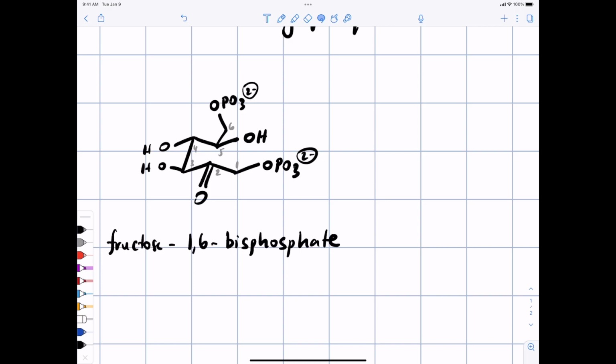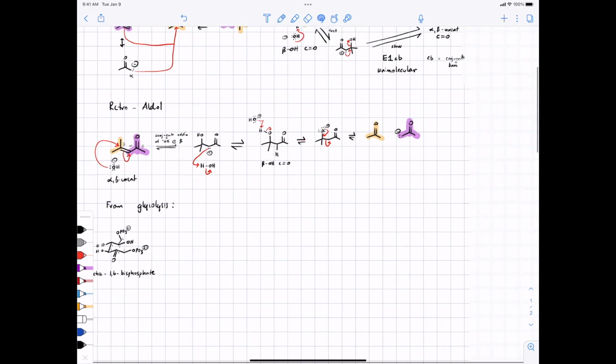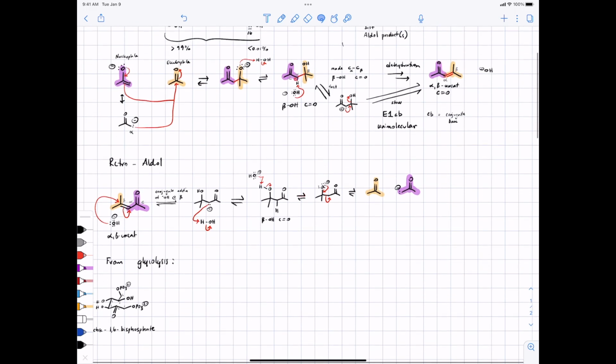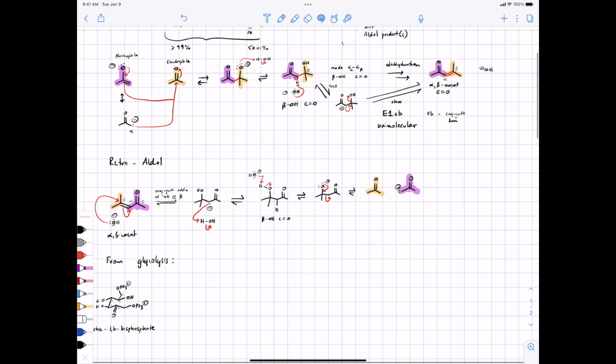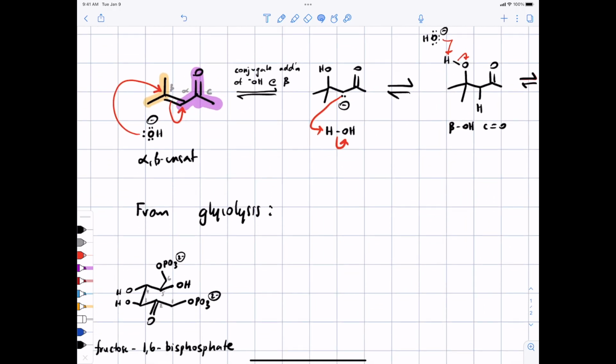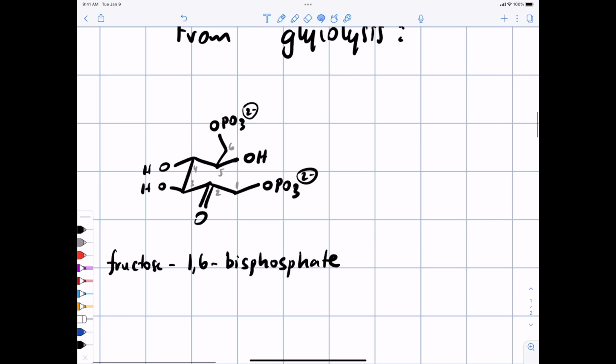The aldol product is either an alpha beta unsaturated carbonyl compound or a beta hydroxy carbonyl compound. Do you see that here? Your ketone, and then where is the beta hydroxy group? Alpha, beta, right?